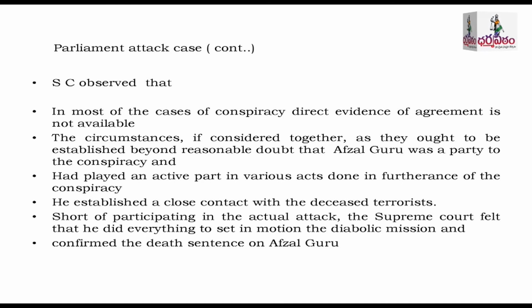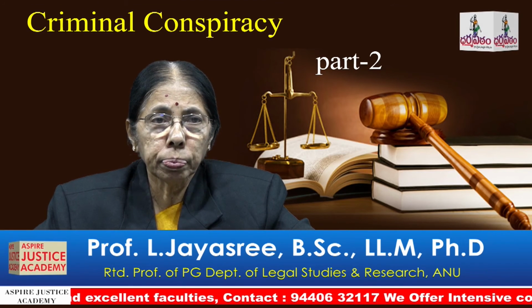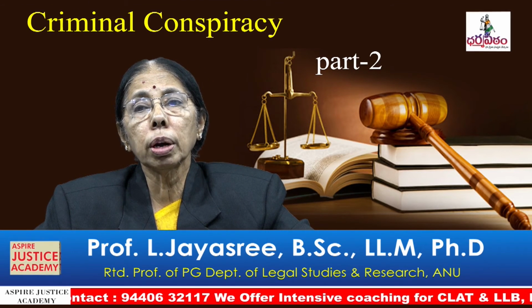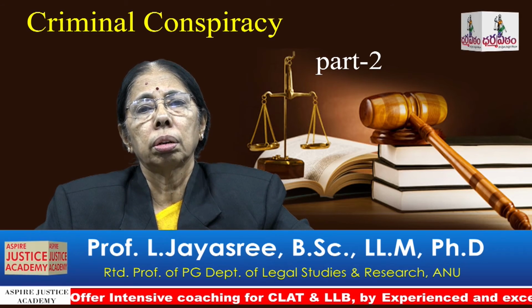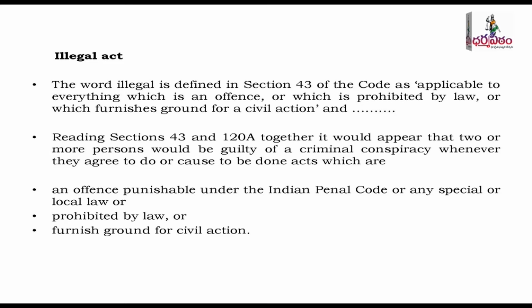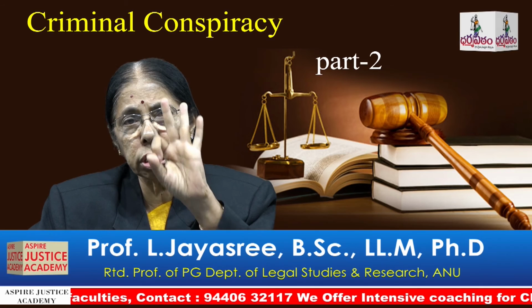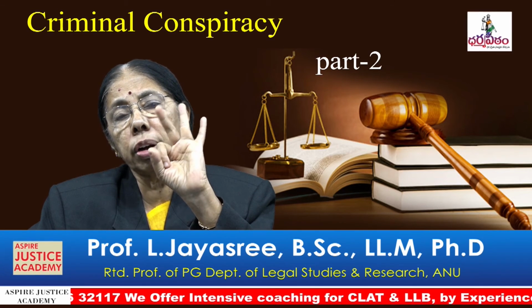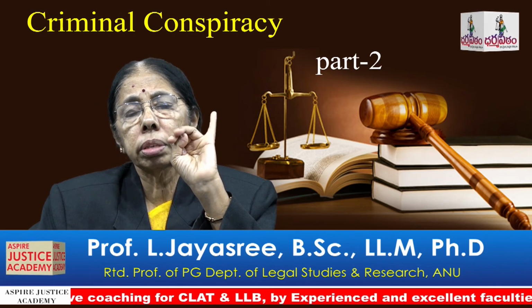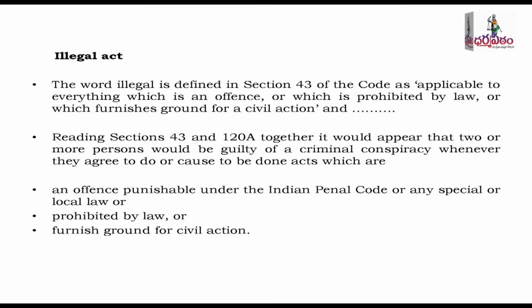What is an illegal act? Third ingredient. This we have already discussed in part 1. Section 43 of the Indian Penal Code defines what is an illegal act. Section 43 describes 3 things as illegal acts: one is an offense, second, a ground furnishing a civil action, and third, a prohibited act.